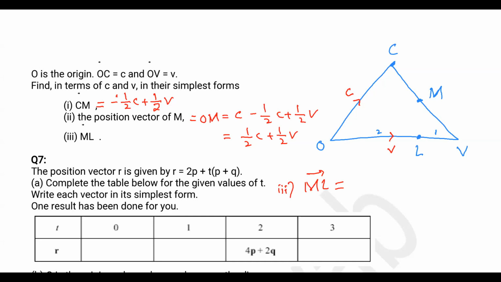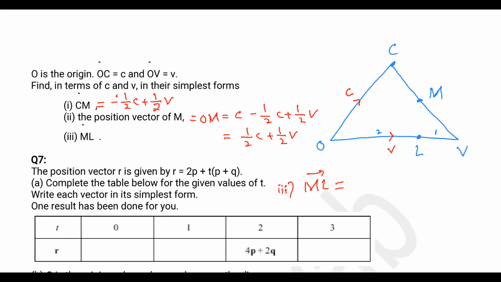What is vector ML? Mine was -C/2 plus V/6, but I think it's wrong because part 2 was wrong. So I just did minus C/2 plus V/2 minus 1/3 V, because VL is going to be minus 1/3 V, and then I used the previous value for M to V.